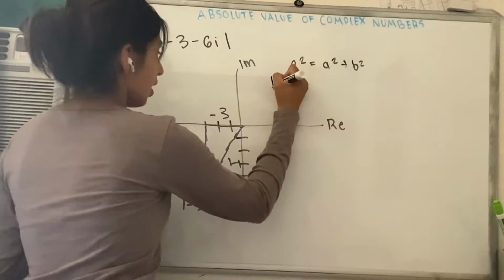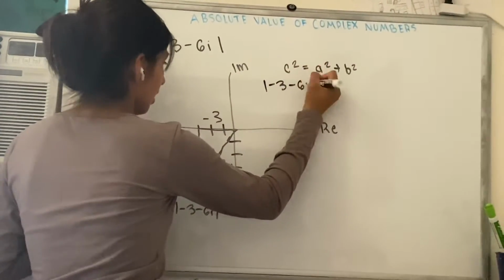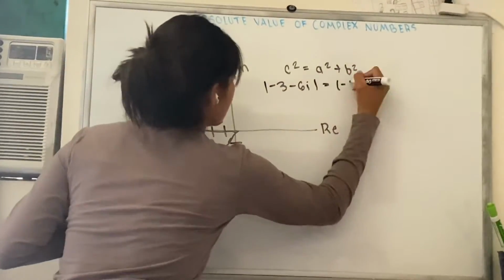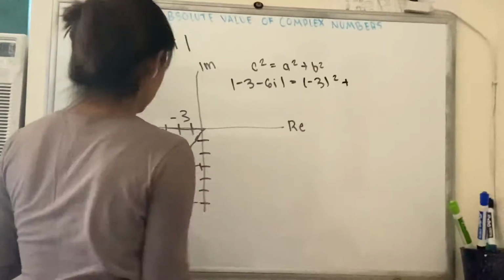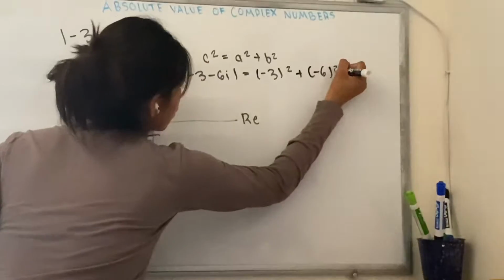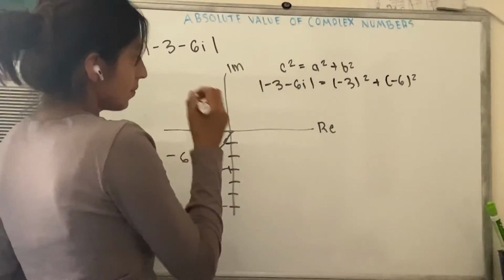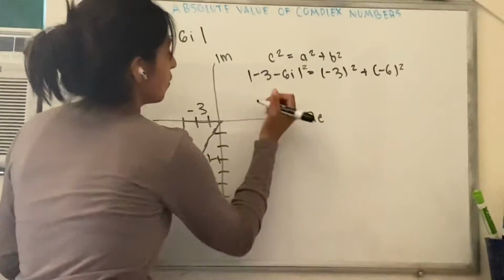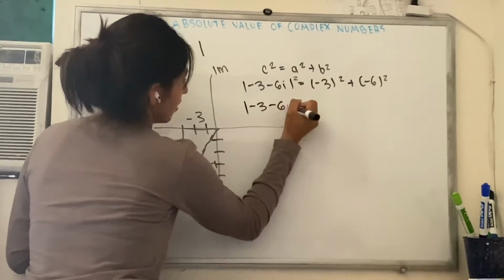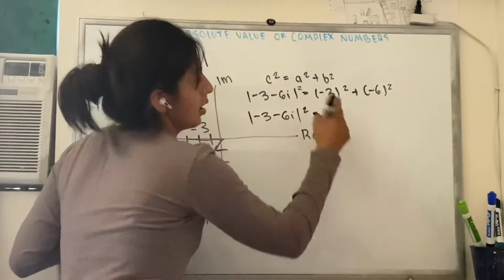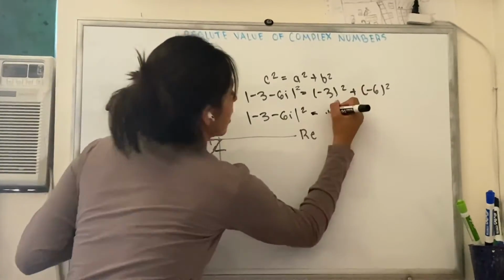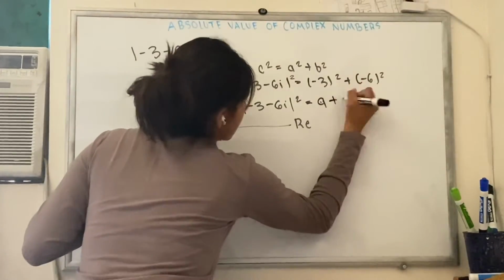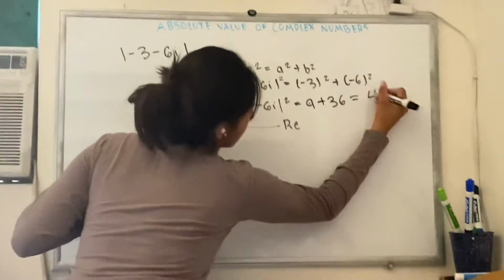So the absolute value of -3 minus 6i squared equals -3 squared plus -6 squared. Okay, this absolute value is the same. So then we will just simplify this. The absolute value of -3 minus 6i squared, and then -3 times -3 is 9, and then -6 times -6 is 36, which gives us a value of 45.